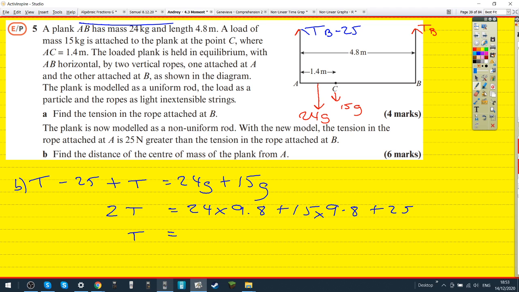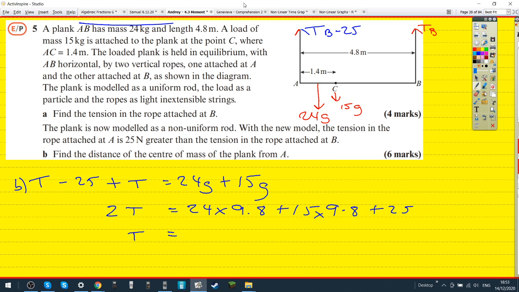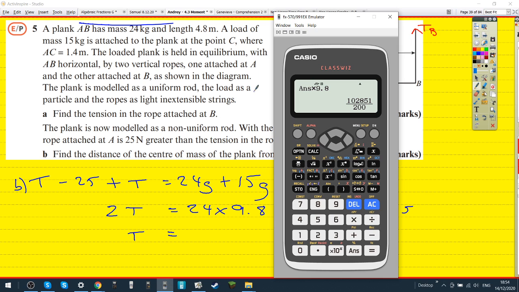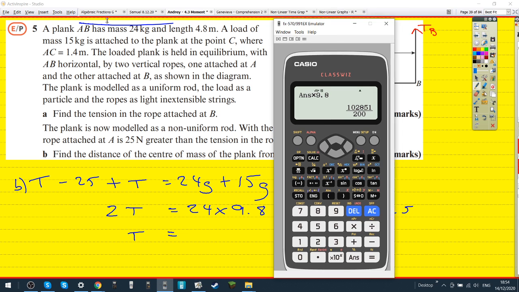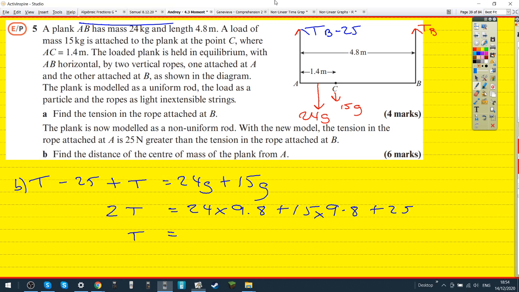So what did you put into the calculator? I did x minus 25 plus x equals to 24 brackets 9.8, and then plus 15 brackets 9.8. That should work. And so I'll just solve the thing. So 24 times 9.8, and I just added the 25 and I got 216.1.